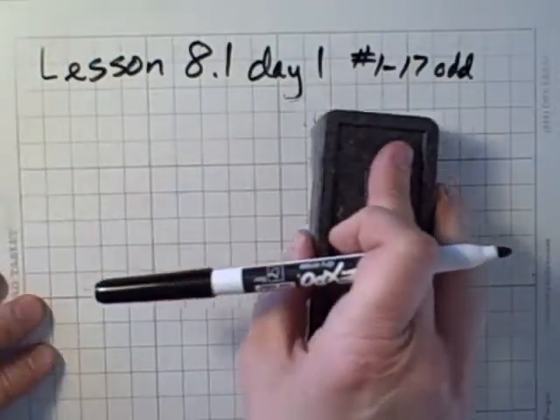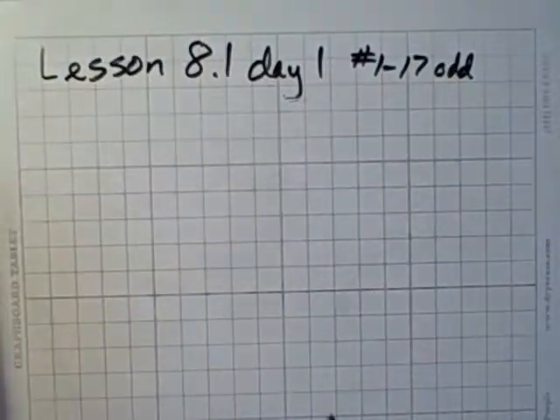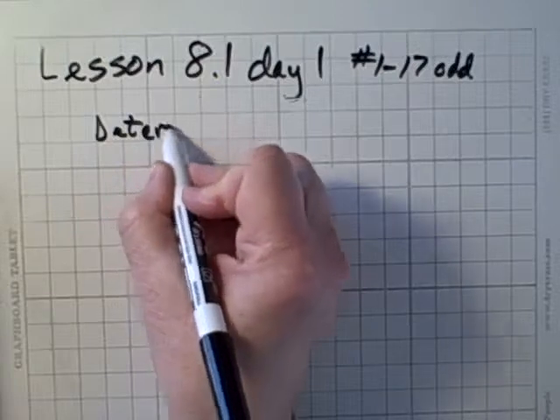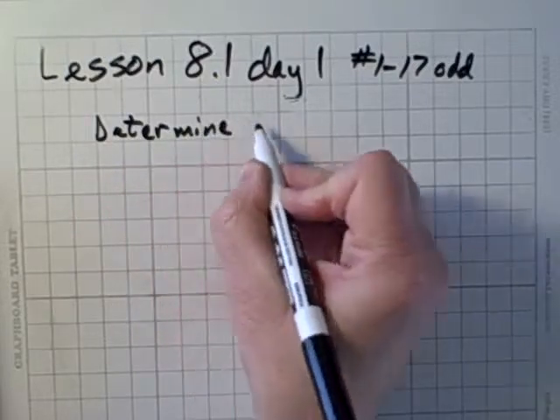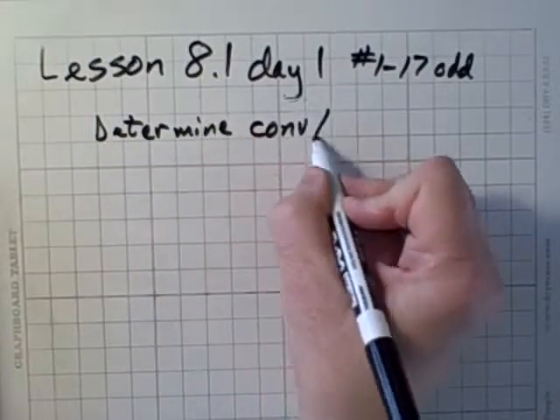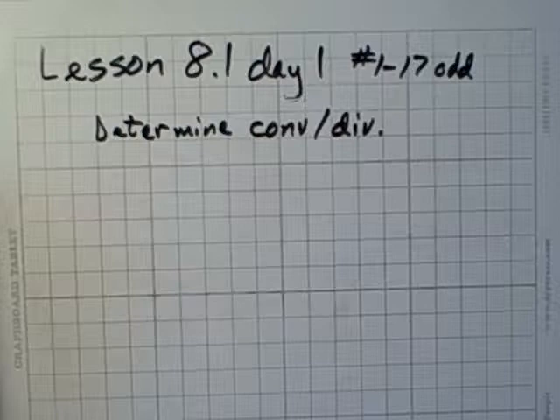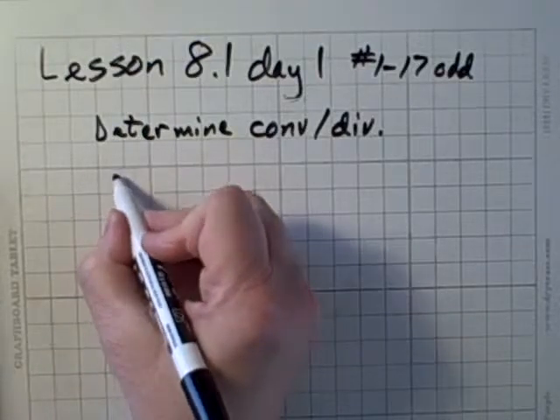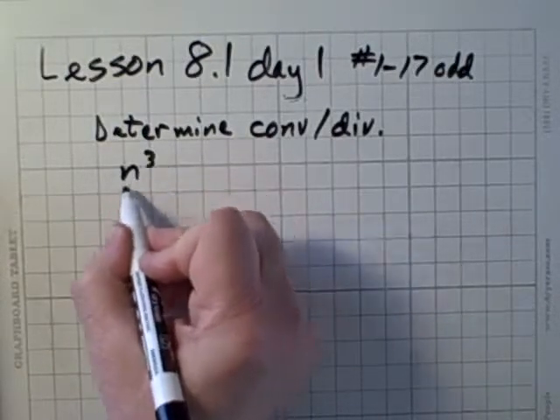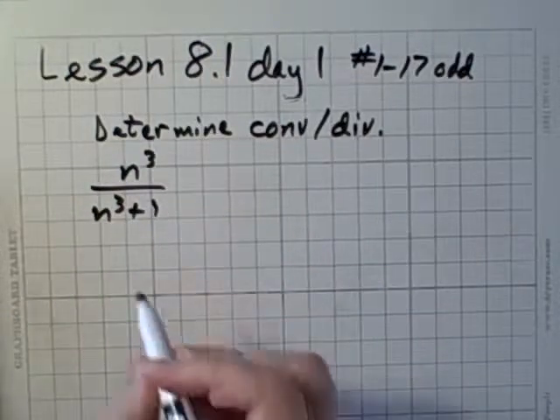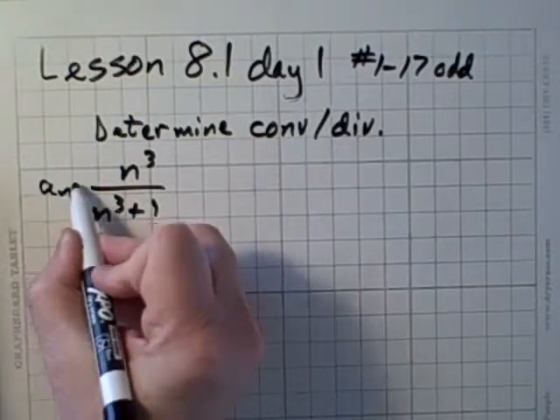The second goal of the day is to determine convergence or divergence when you are given a particular pattern. One example might be n cubed over n cubed plus 1, and that itself is the nth term.